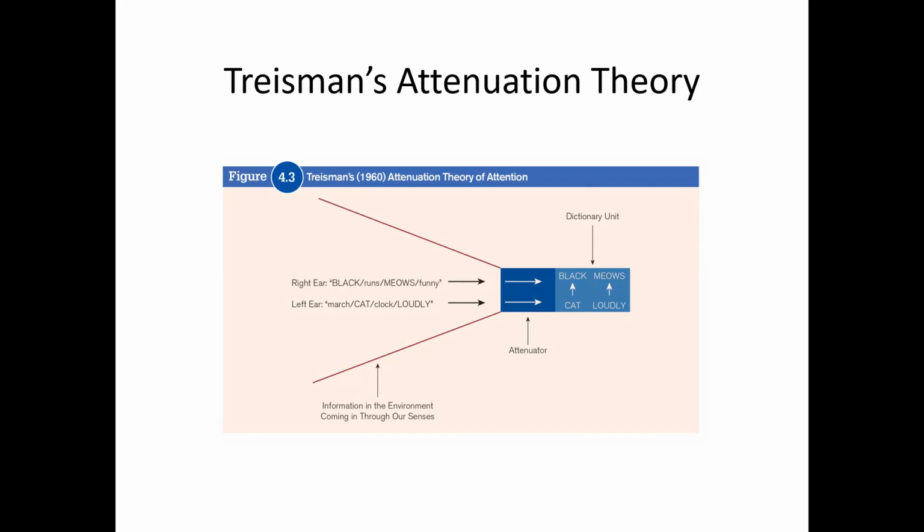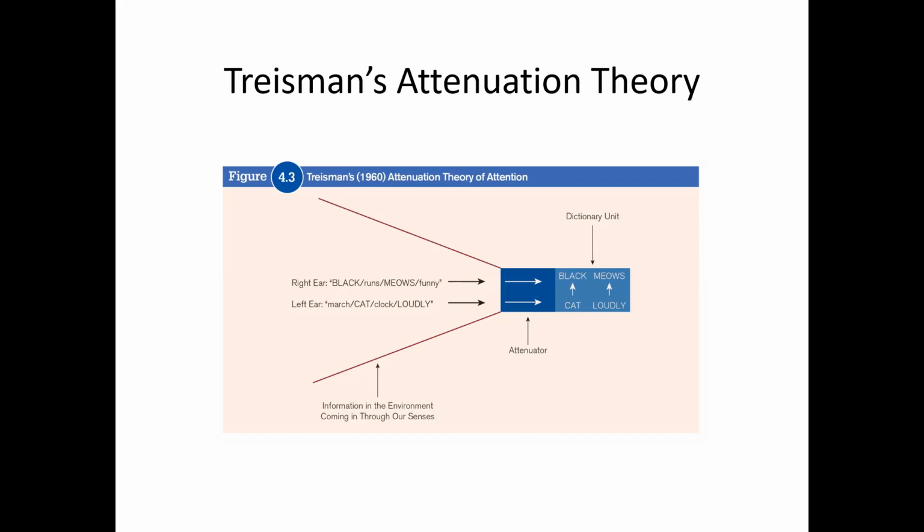However, processing in this case is hierarchical, meaning that language and meaning are only used if the physical characteristics are unclear. This is once again saying that physical characteristics are overarching over every other type of information that is coming in. So imagine the attenuator sort of like a volume knob, which can turn up the volume on certain stimuli and down on others.